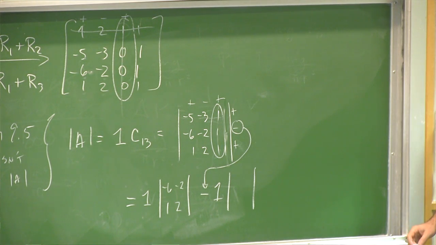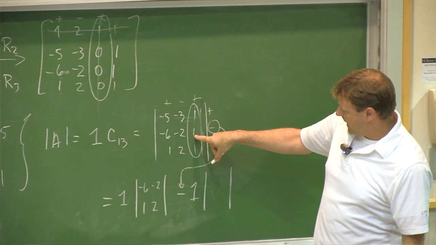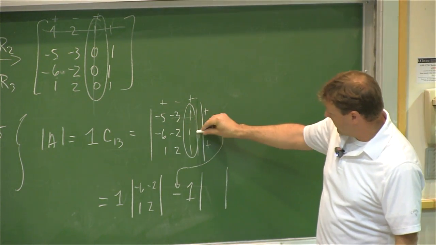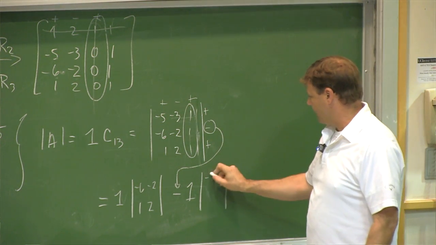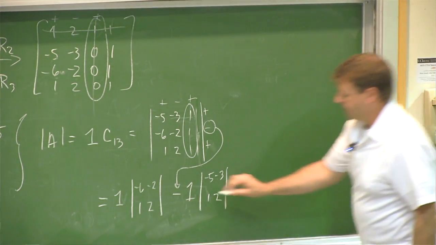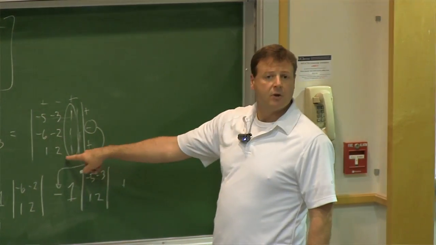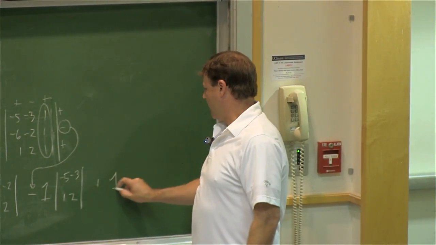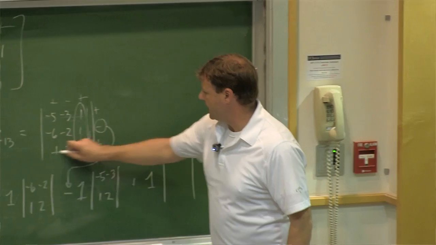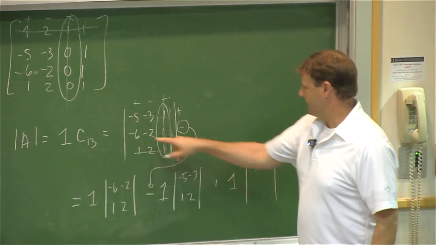That's why it's a minus, not a plus. Okay, I'm operating on this one right here. I'm going to cross off its row and its column, and what I have left over is negative 5, negative 3, 1, 2. And then the last one, this is a positive location, no need to modify it. It's 1 times the determinant of negative 5, negative 3, negative 6, negative 2.